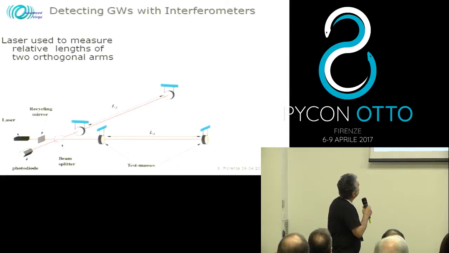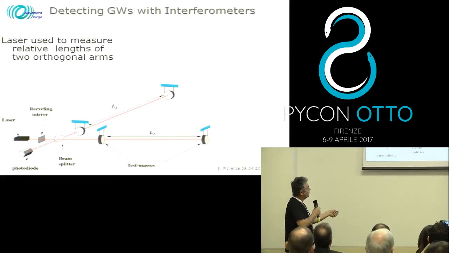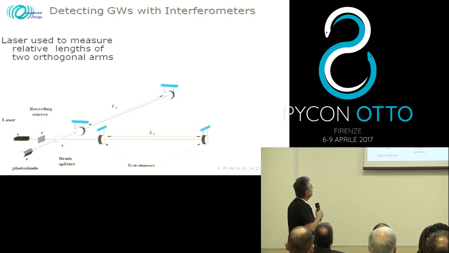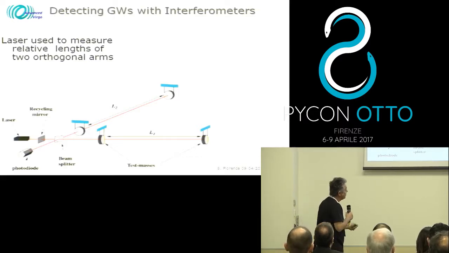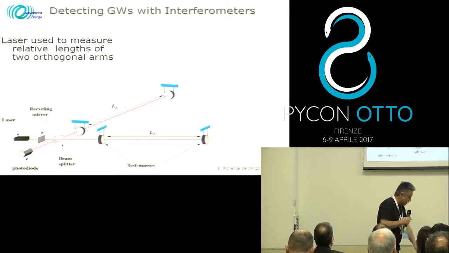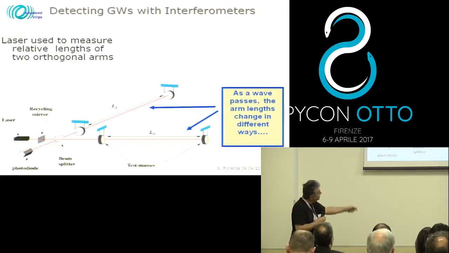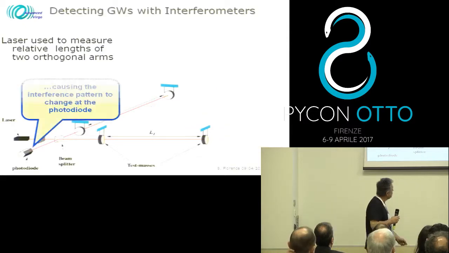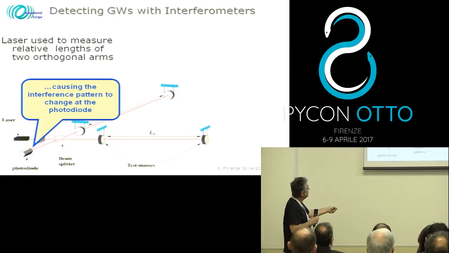Now, to detect the gravitational wave, after some experience with different kinds of detectors like resonant bars, scientists concluded that the most effective way to do this measurement was using a laser interferometer. The laser is used to measure the relative length of those arms. If a gravitational wave passes through, the change in length on the two arms will be different, and you can detect it as a change on a photodiode on this side.